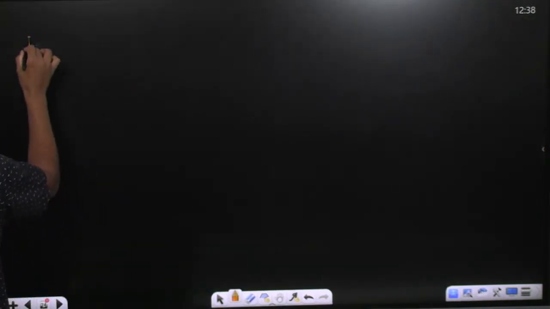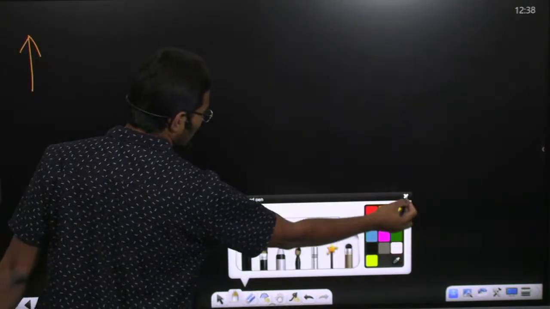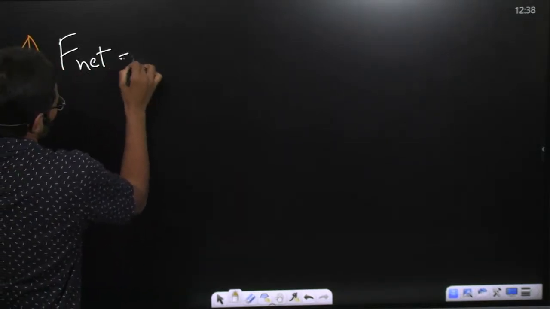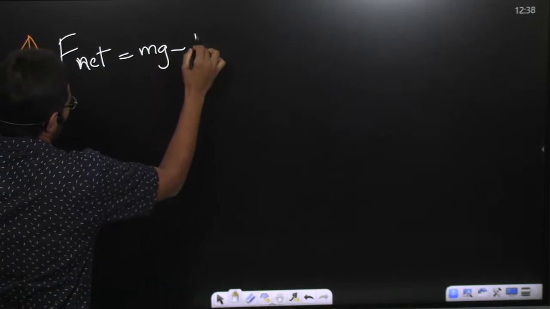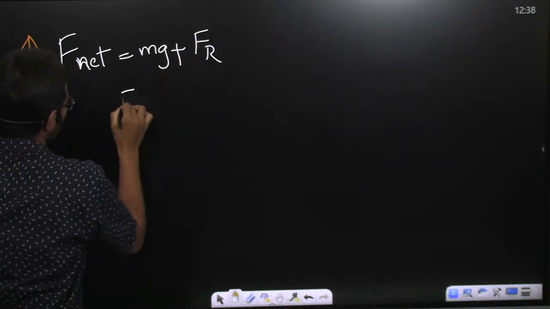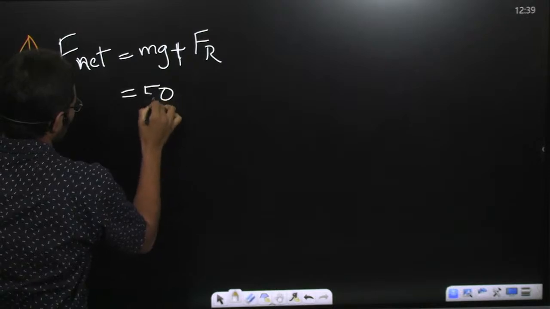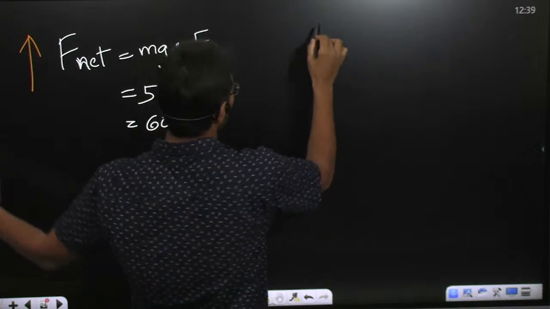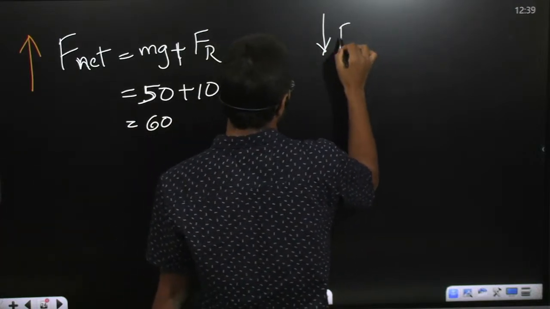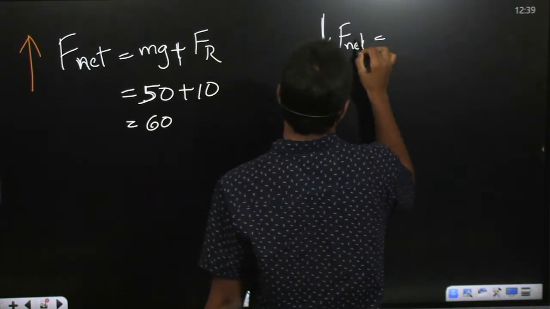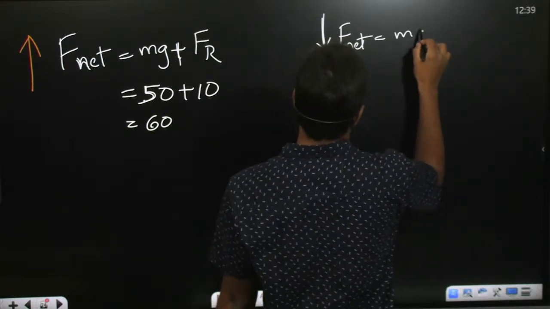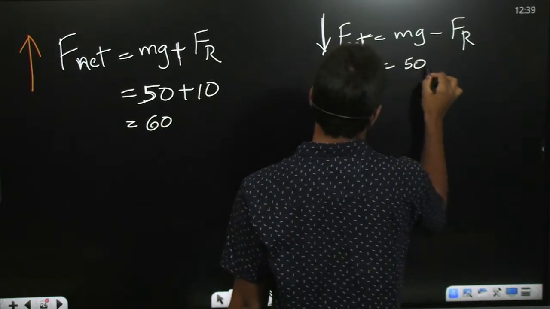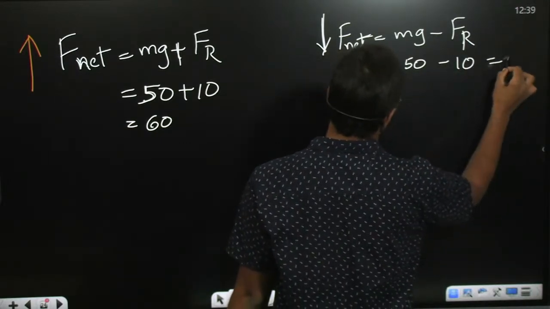So while moving up, what is this F net? mg plus fr. mg is 5 kg, right? 50 plus fr 10, 60. So while moving down, F net is mg minus fr, 50 minus 10, 40.